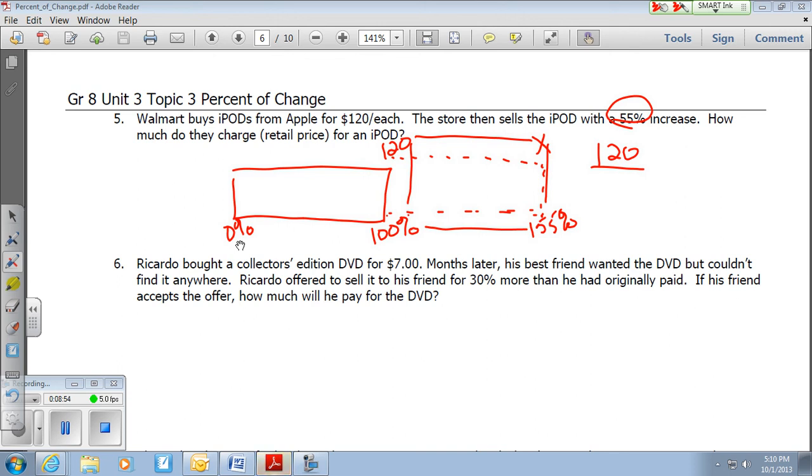Either way, your answer should be $186. And that means they sell it for $186, they bought it for $120, so that's going to give them a $66 profit. So that's how they make their money. It's called a markup, and we're using a percentage of the increase.